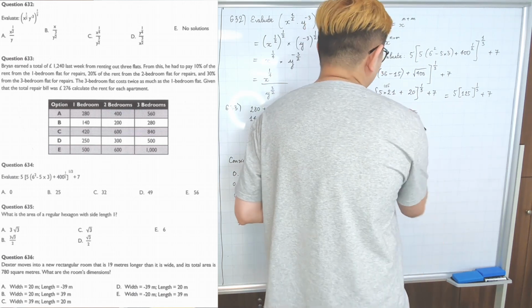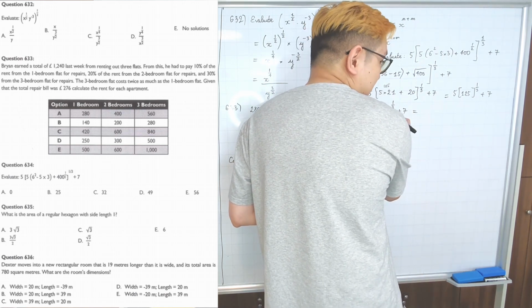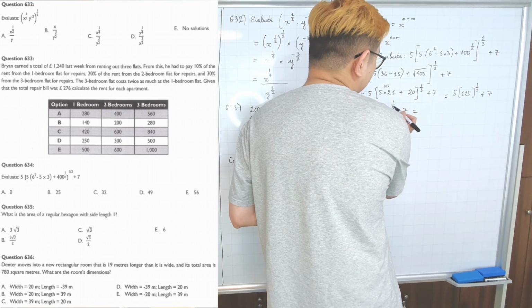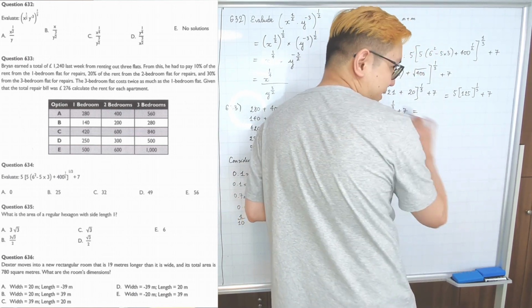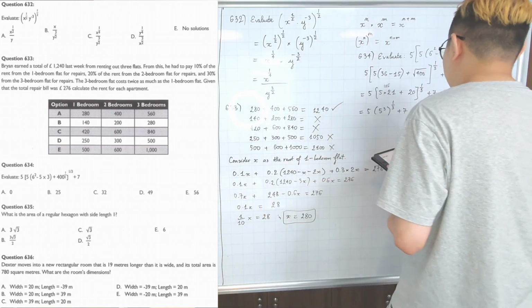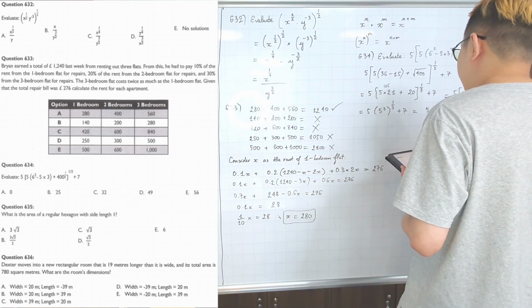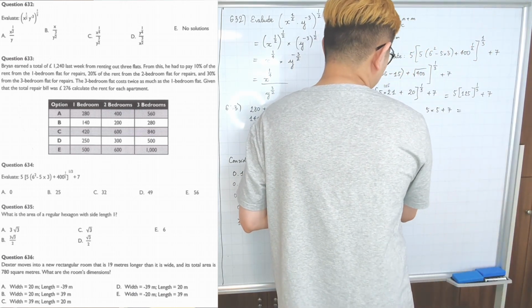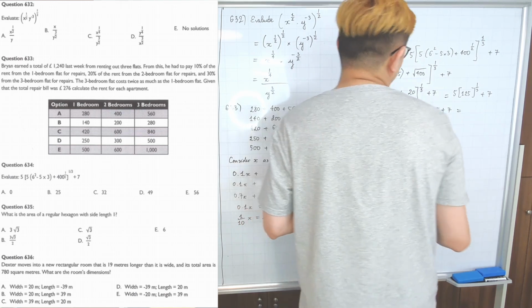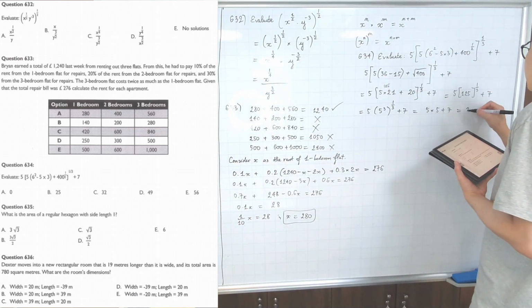So power of 3, and then on top of that, power of minus 1 over 3. So these two multiply and eliminate each other. So it'll be 25 plus 7. It's going to be 32, isn't it?